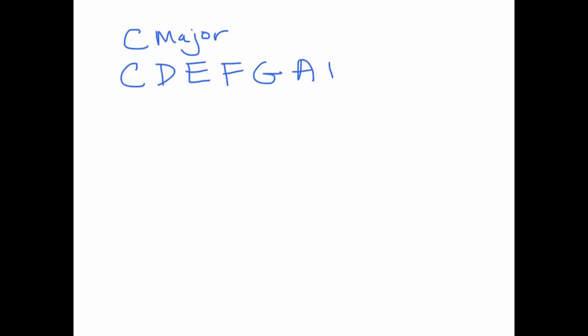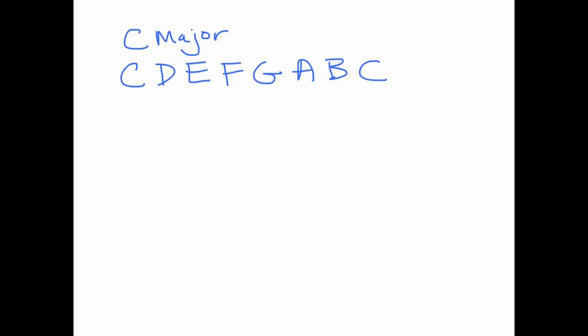So let's start with trying to build a minor scale from the C major scale. So what are the notes to the C major scale? They are C, D, E, F, G, A, B, and C. And if we play this scale, it will sound like this.